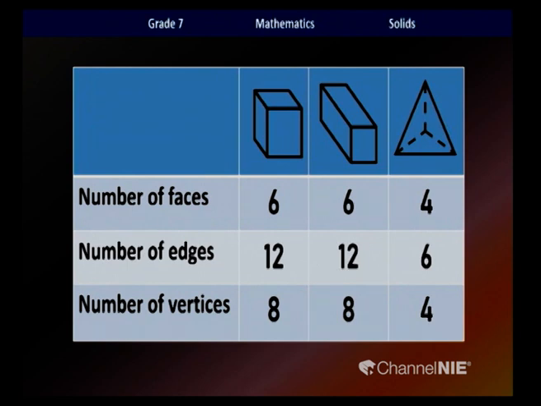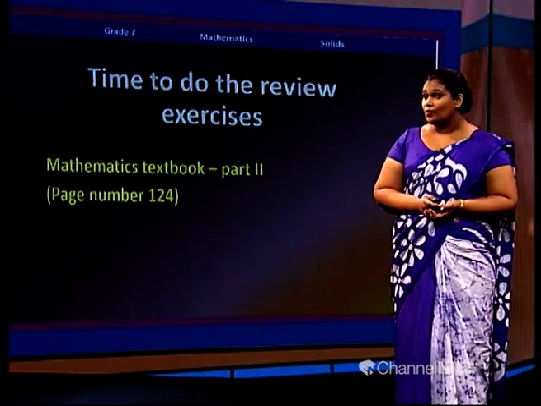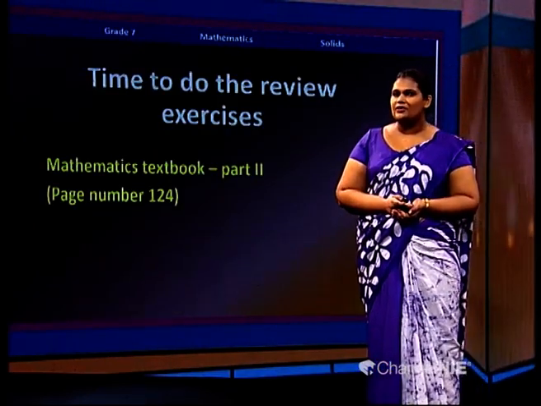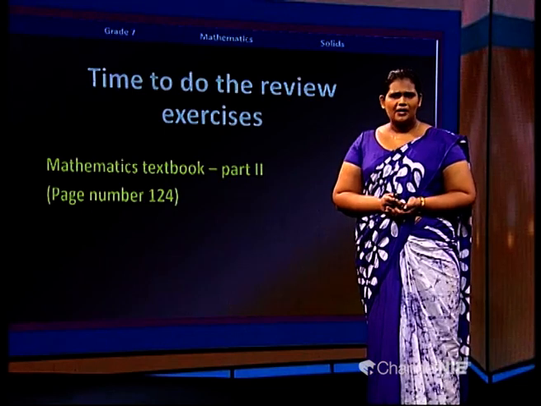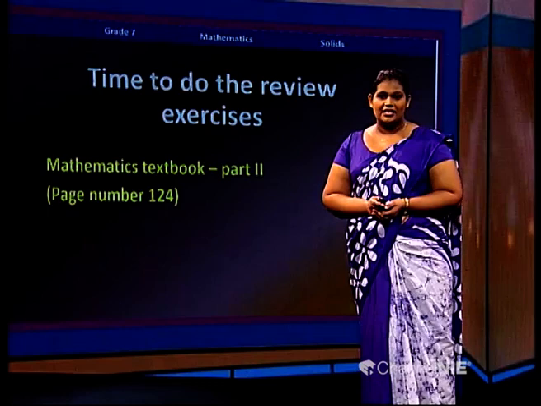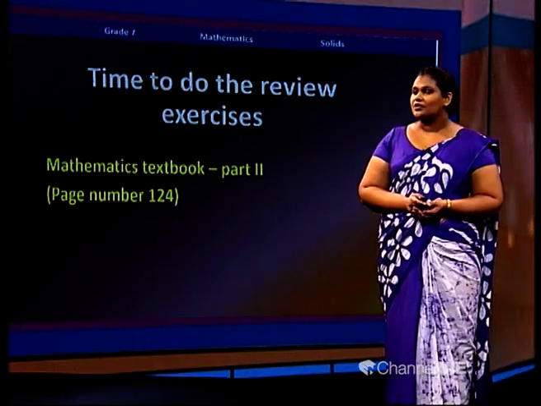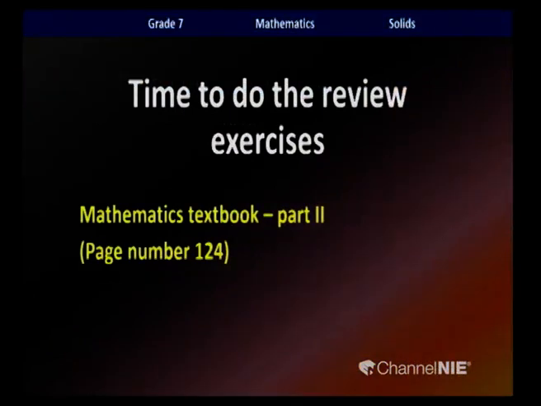A regular tetrahedron has 4 faces, 6 edges and 4 vertices. Right, now it's time for you to do the review exercise. I'm sure you have done it already because you are ready for the lesson beforehand. Therefore, we'll quickly move on to the grade 7 solid lesson.